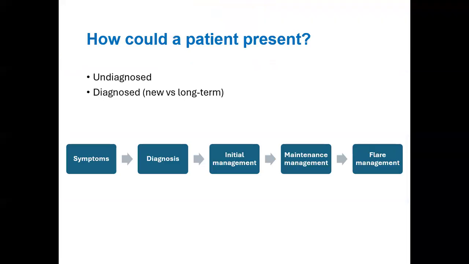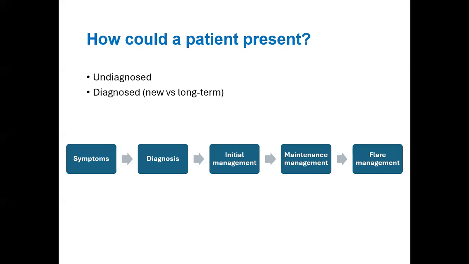So how could a patient present to you in the community? In my head, they could either be undiagnosed, or diagnosed with the diagnosis being new to them, or they could be longer term. All of them will follow the same pattern in that they'll get symptoms, and depending on what their services are and who they speak to, they will get a diagnosis.